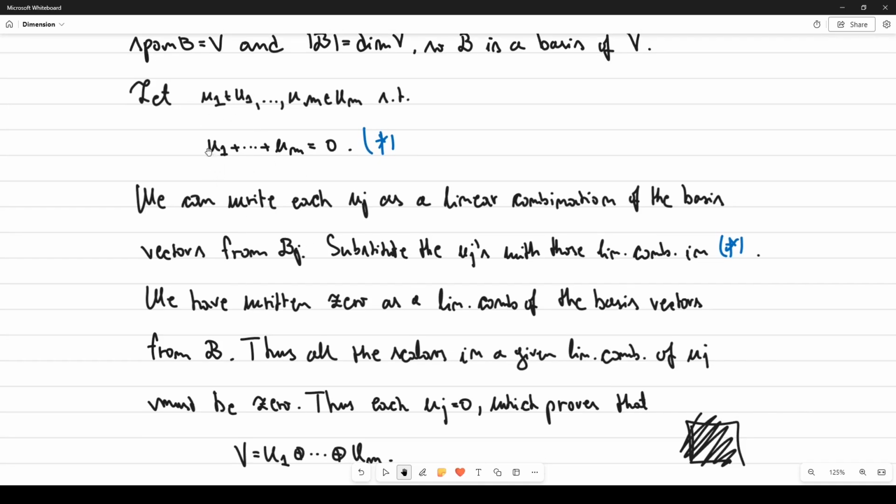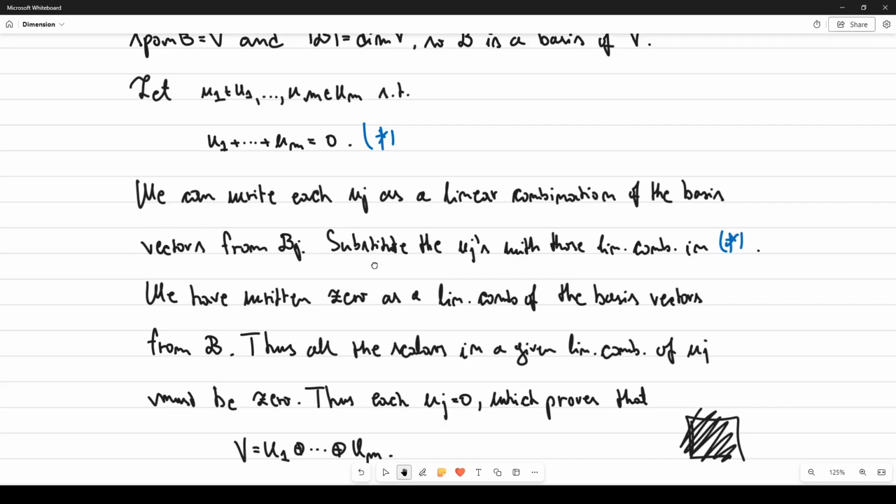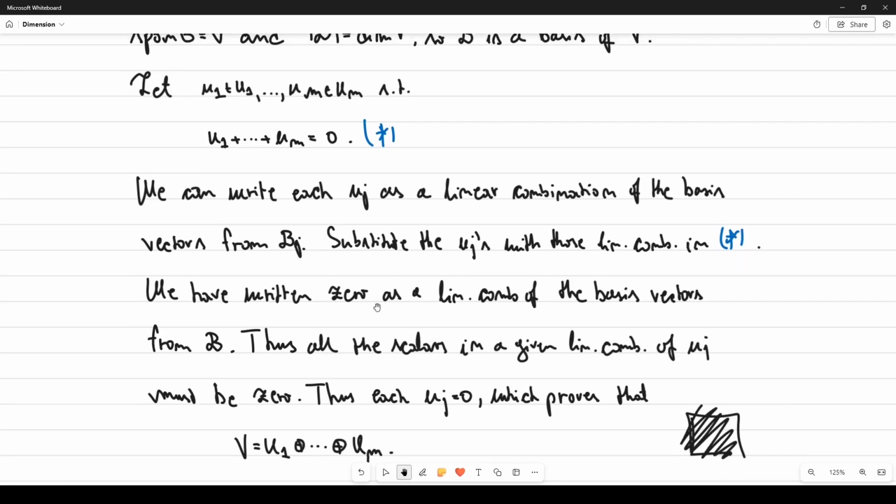So substitute each of these u's with the appropriate linear combination. And now, after we've performed all of those substitutions, we have written 0 as a linear combination of the basis vectors from B. Thus, all the scalars in the given linear combination must be 0, since it is a linear combination of vectors that are linearly independent.